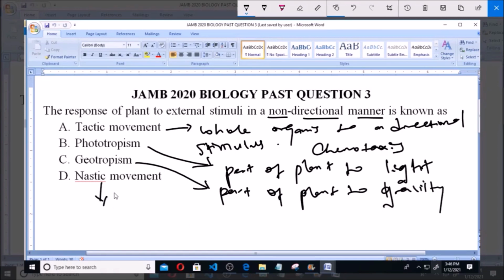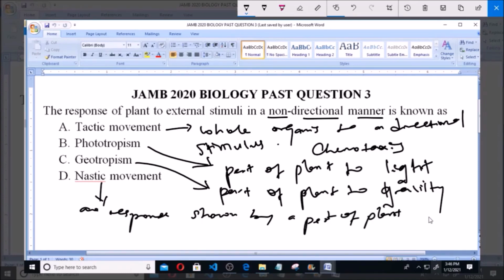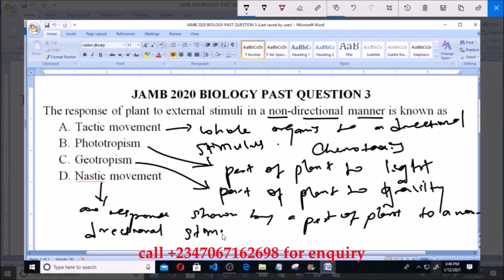Then now, nastic movements are responses shown by a part of a plant to a non-directional stimulus. Now this stimulus might include light intensity, temperature, or humidity.